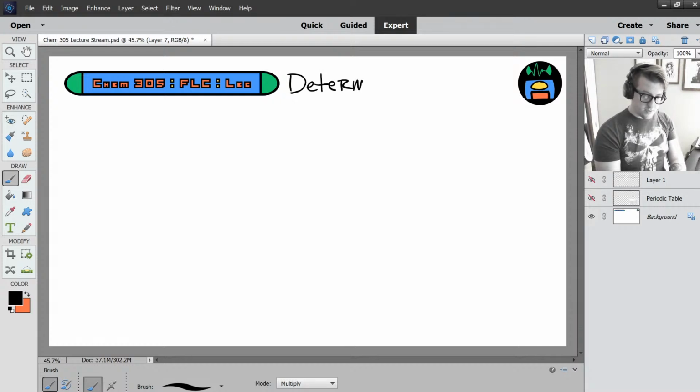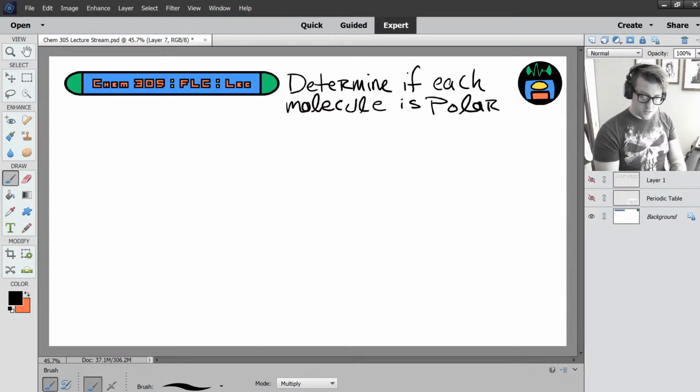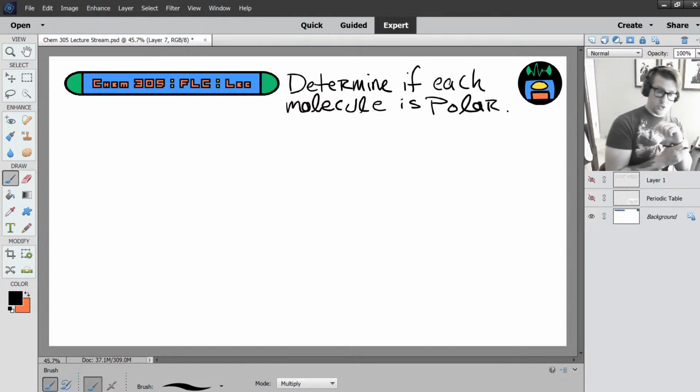Okay, so let's do some examples. Let's determine if each molecule is polar. All right, determine if each molecule is polar. We're looking for two things, right?